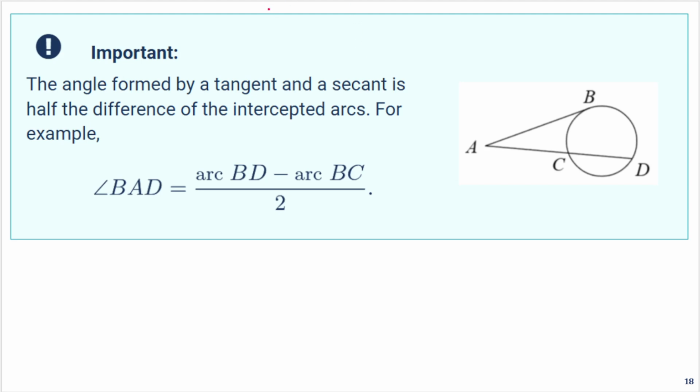The angle formed by a tangent and a secant is half of the difference of the intercepted arcs. For example, in the diagram on the right, we have angle BAD equals (arc BD minus arc BC) over 2. Unsurprisingly, the angle formed by a tangent and a secant has the same relationship to the arcs the angle intercepts as the angle formed by two secants does, right?